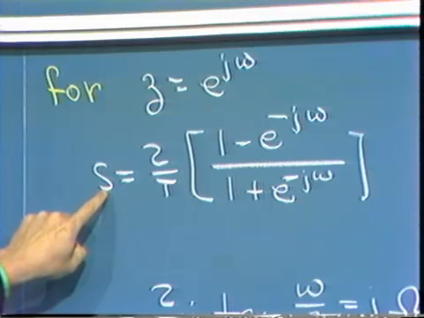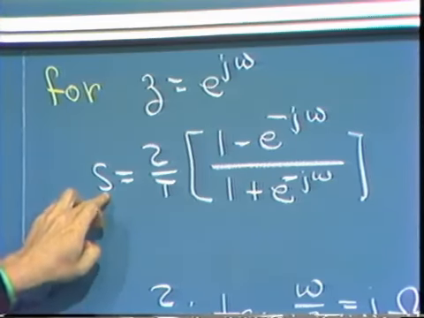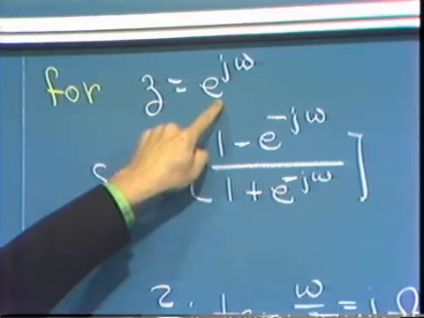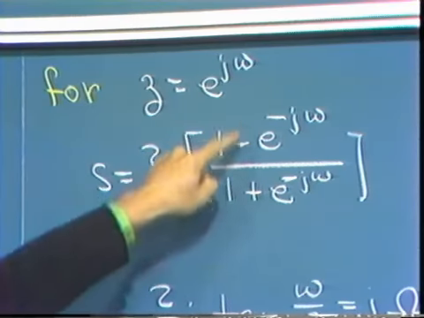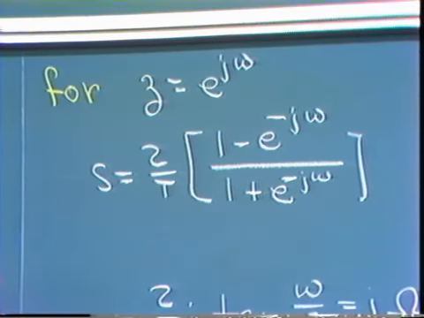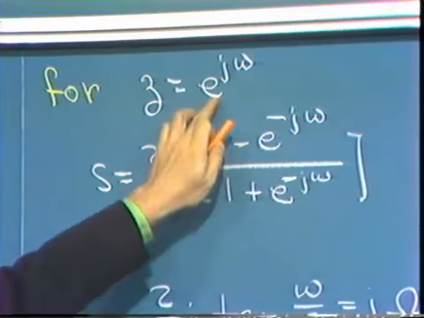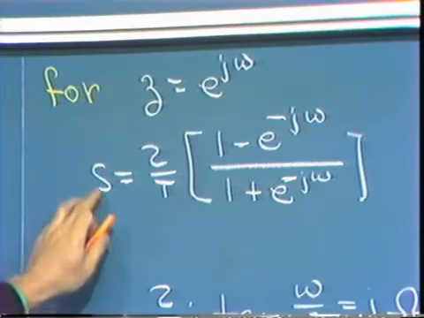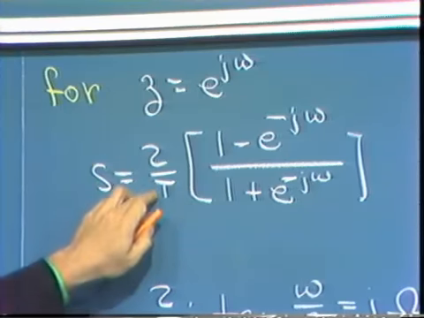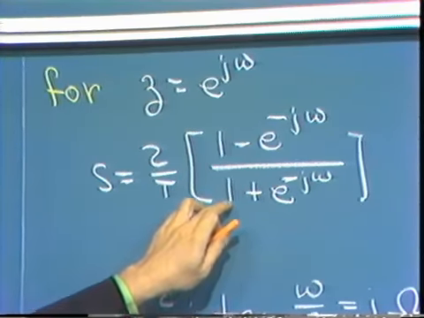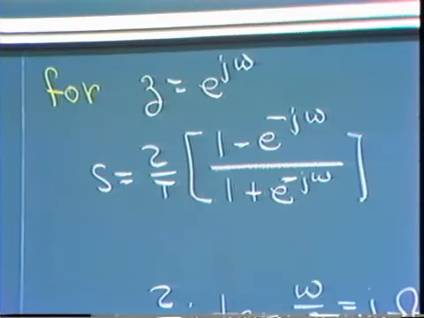And so we want to inquire as to what values of s land on the unit circle through the bilinear transformation, and we do that simply by substituting z equals e to the j omega so that s is equal to 2 over capital T times (1 minus e to the minus j omega) divided by (1 plus e to the minus j omega).